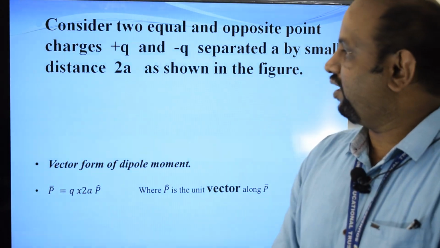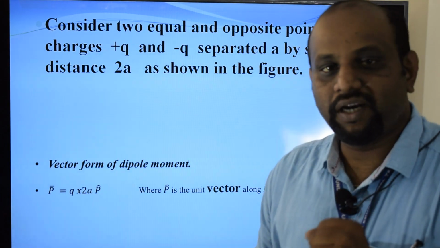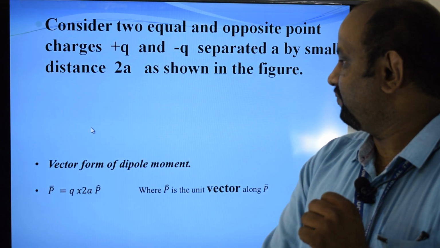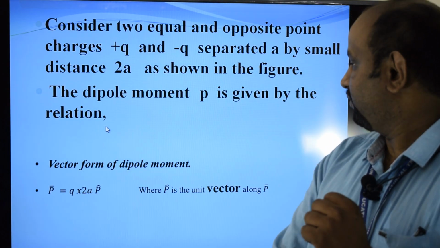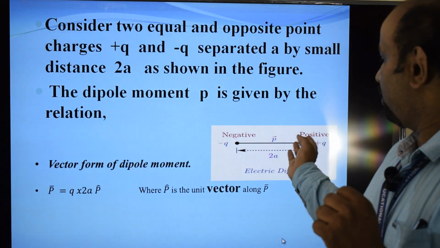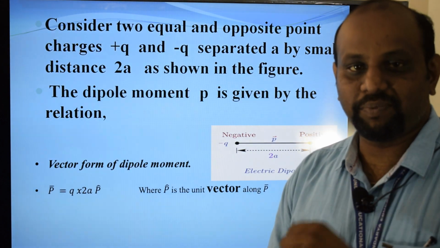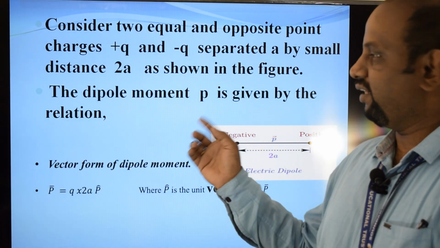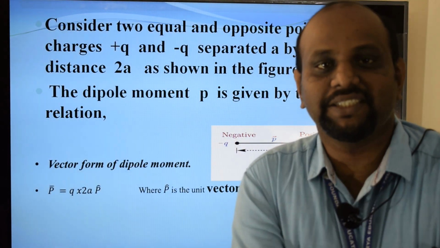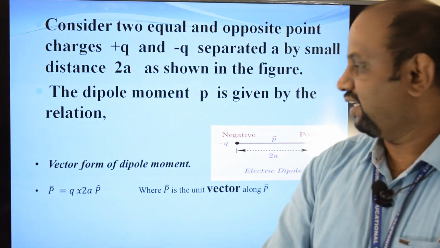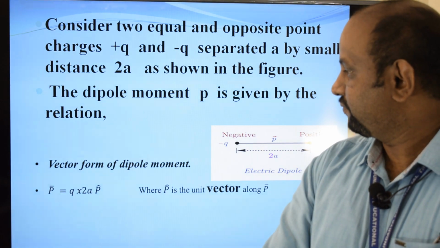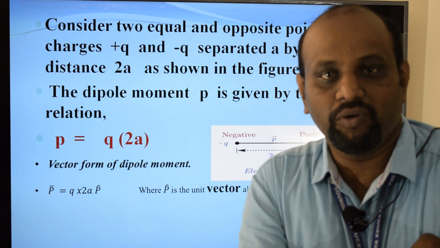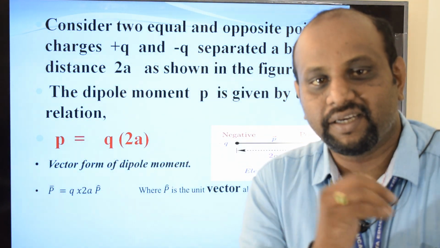Consider two equal and opposite charges, plus q and minus q, separated by the distance 2a as shown in the diagram. Then the dipole moment is denoted by the symbol p and it is given by the relation p is equal to q into 2a, where p is called the electric dipole moment.